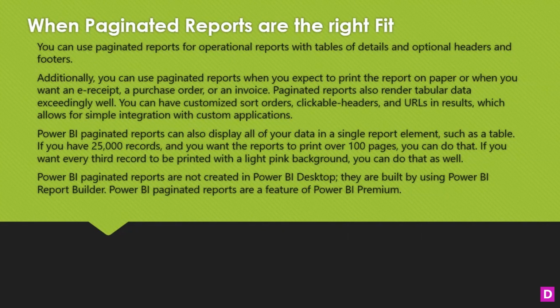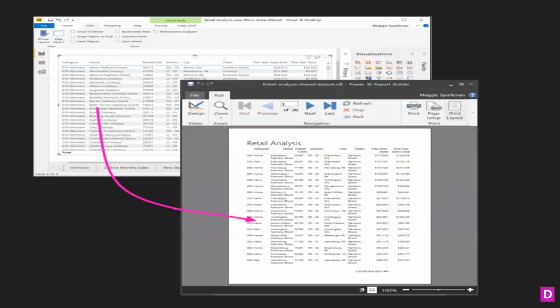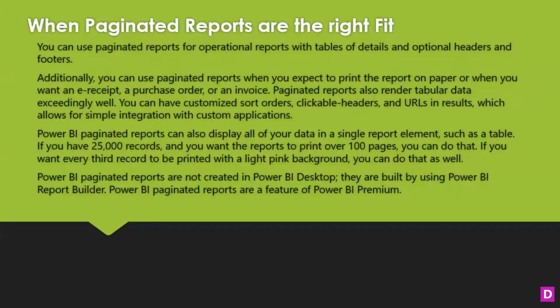Additionally, you can use paginated reports when you expect to print the report on paper, or when you want an e-receipt, a purchase order, or an invoice. If you look at this image, it's something like an e-report or an invoice. So when you print the report onto a page, or you need an invoice or purchase order, then paginated reports are definitely the right fit.